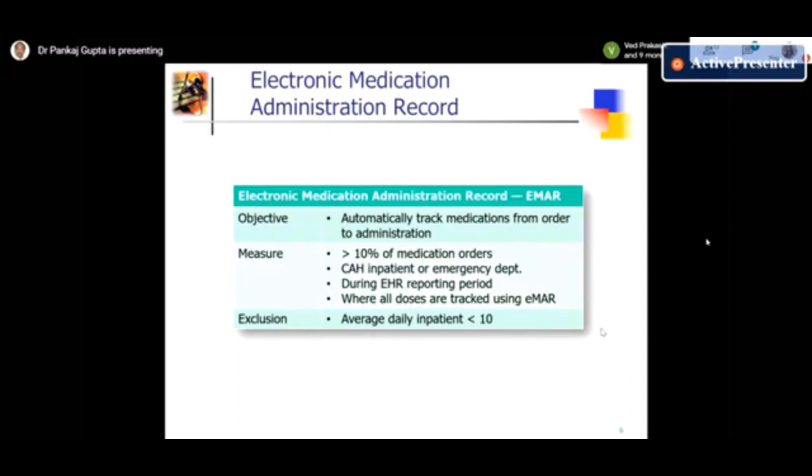The emergency department also adopts it during the EHR reporting period, where all doses are tracked using EMR. Every time the patient gets a dose, it's not that once a day the patient is given a dose you follow the process, and the rest of the time you don't. That's not acceptable.